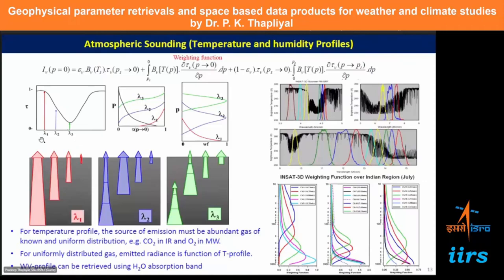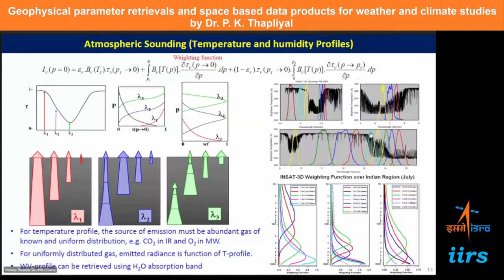Now, if you focus on lambda 1, the channel at this point where absorption is very, very little, what will happen? Whatever radiation is emitted by Earth's surface is able to reach the satellite. There is no absorption, very small absorption. I cannot say no absorption, but very small absorption by the intervening atmosphere. Atmosphere means there are many gases, water vapor, ozone, CO2.